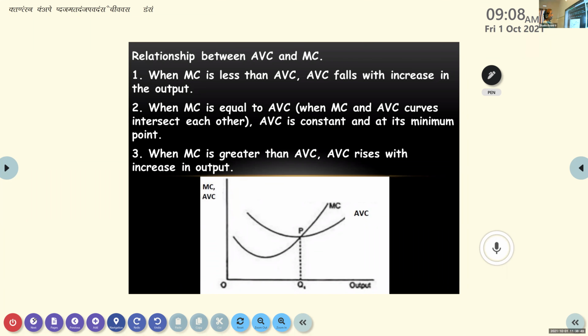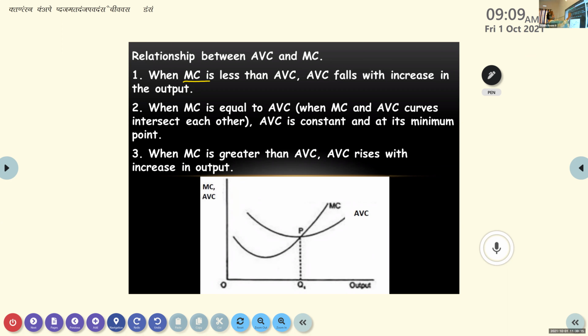Relationship between AVC and MC. What is AVC in this, Abhilash? Average variable cost. Okay, the relationship between average variable cost and marginal cost. Now here, this one is the MC curve, and AVC is the U-shaped curve.